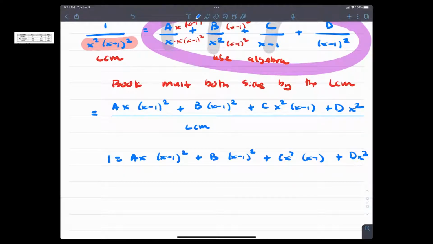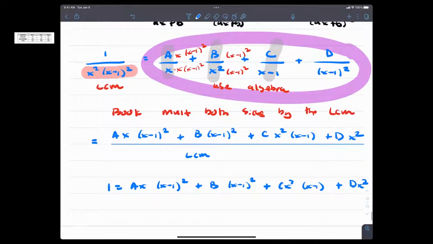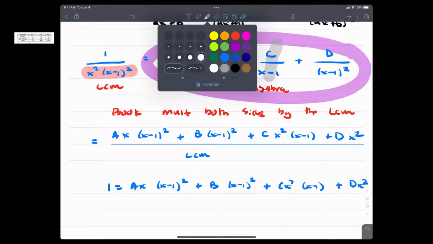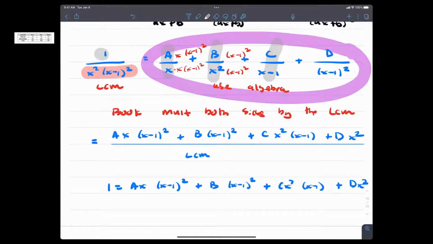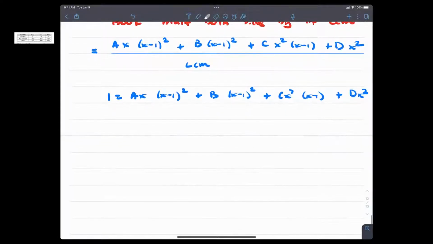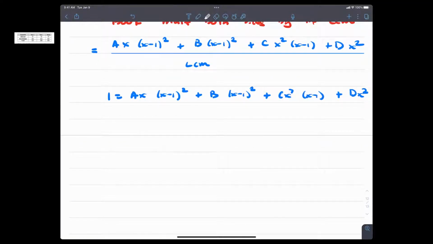Okay, because remember yesterday we said the numerators will be equal. If they have the same denominators and you have fractions that are equal, the numerators are equal. And ultimately what that's really saying is that 1 equals the rest here, right? Now the fact that these have linear terms, right? You guys see what I'm saying here? The fact that these have linear terms, that's very nice. Why do I say it's very nice?